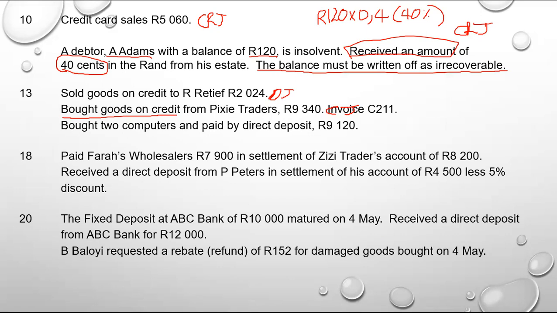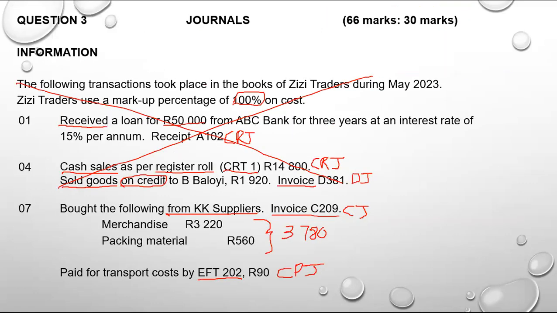Note that the first creditor that we bought from was not Pixie. It was someone else. It was KK Supply. So we can't continue with the same document number, all right? Because we got these source documents from different people and they will use different numbers.